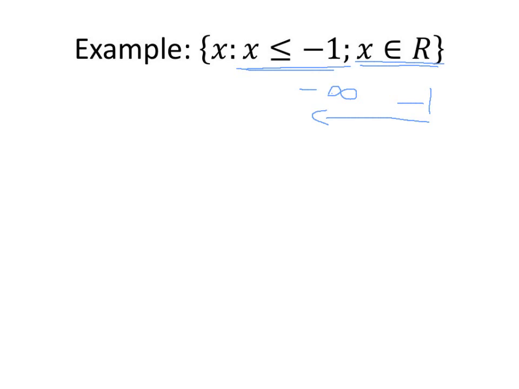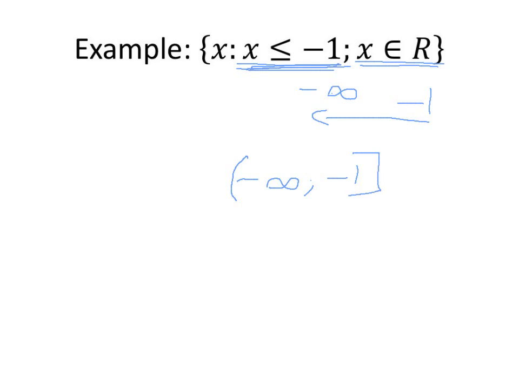So when we're working with the two numbers, the smaller one goes on the left-hand side. So negative infinity will be there, and -1 will be here. And we said when we work with infinity, infinity is always not included. So a round bracket shows not included. And then the statement, x is less than or equal to -1, so it can be -1.